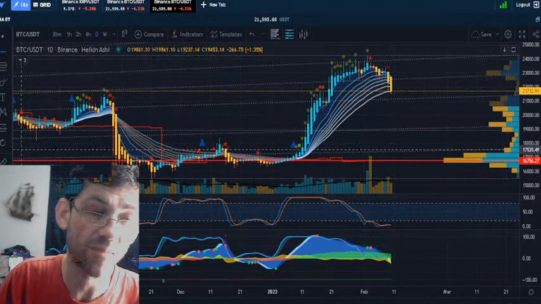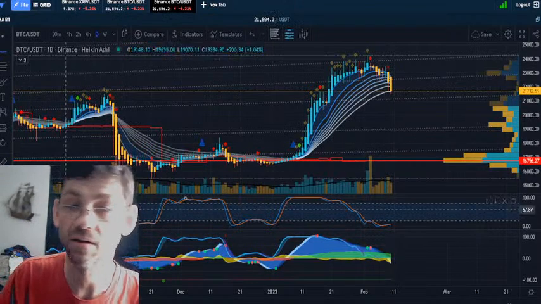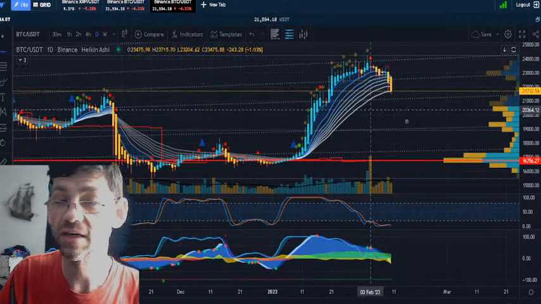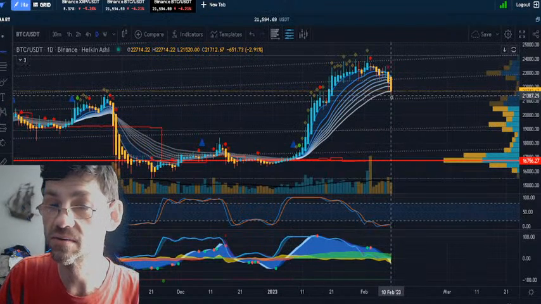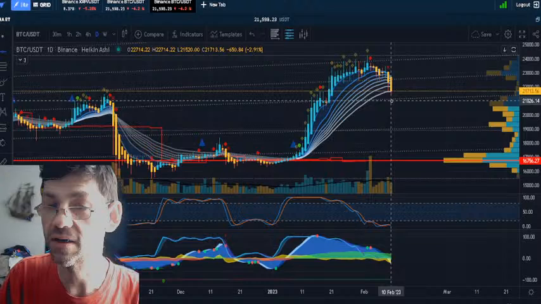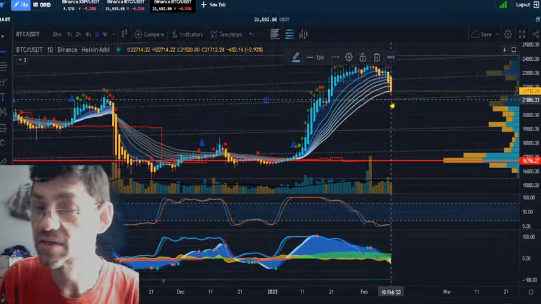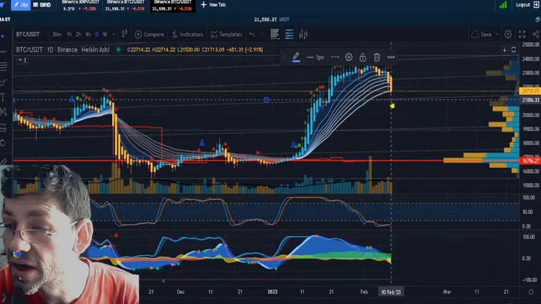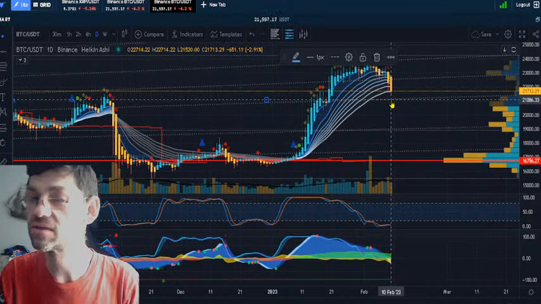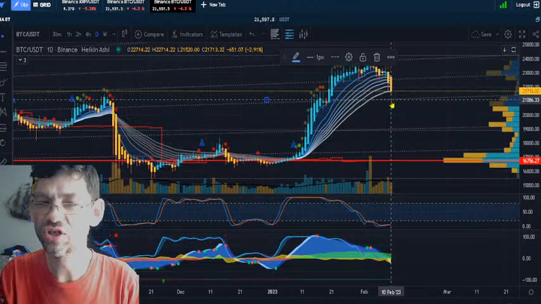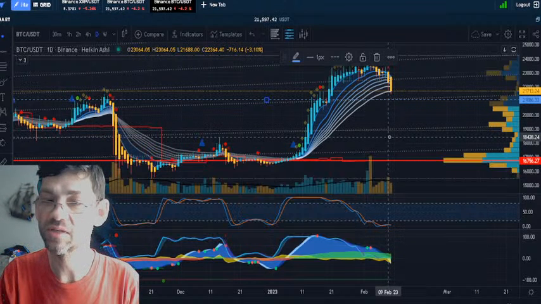I gotta take this snap off. Sorry about that, guys and girls. You can see that we're on the daily. This is our daily candle. We're probably by the end of the day gonna hit here. It would be my expectation, and that is showing at 21,100-ish, give or take. That's where that spider line is sitting.